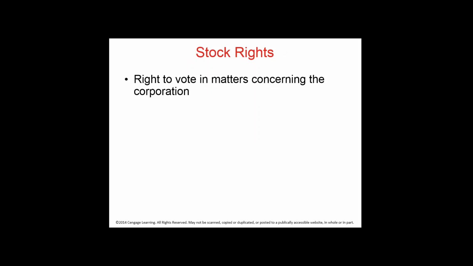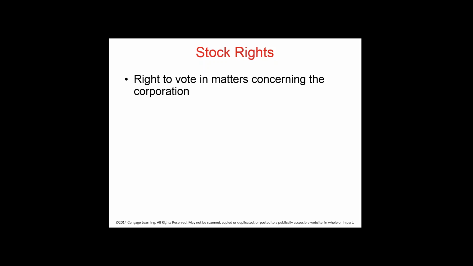What does owning stock give you other than a piece of paper with pretty print on it that says this is your stock certificate? It gives you ownership in the corporation. Because you own stock, you are an owner of the corporation. As an owner, you have the right to vote on matters concerning the corporation.